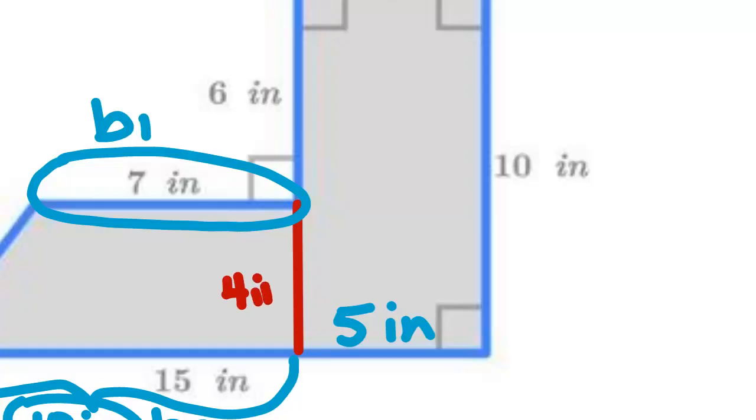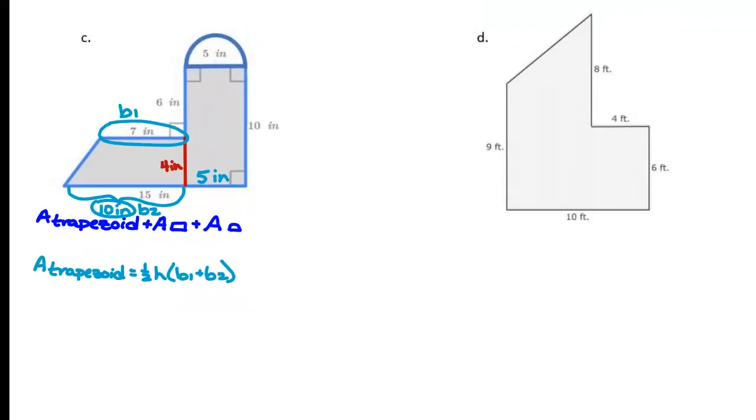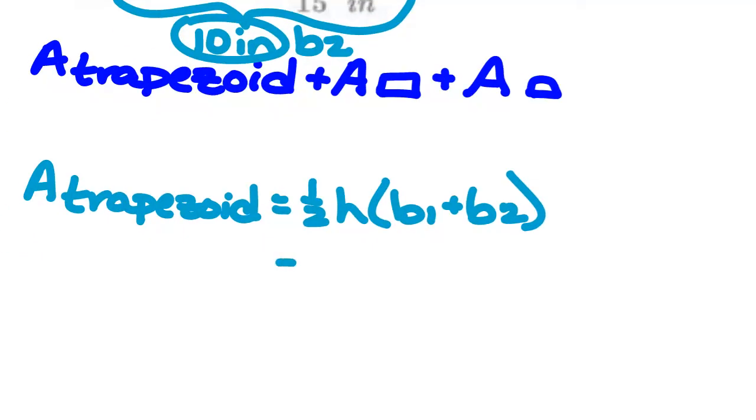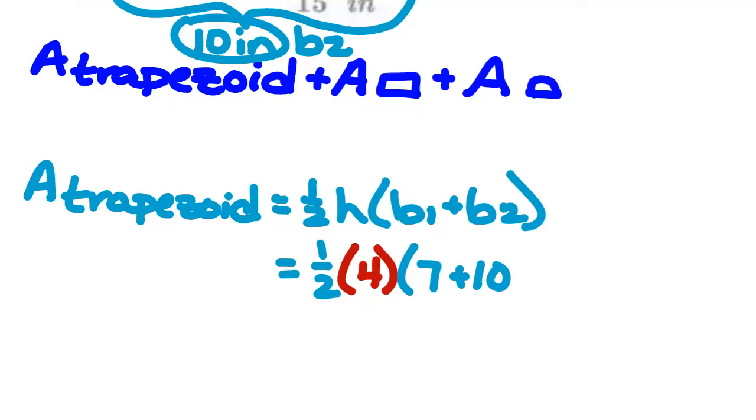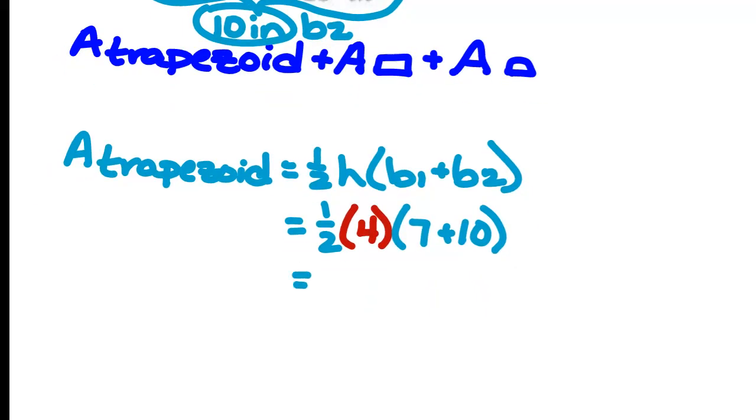So this is 4 inches. All right, that's everything I need to find the area of my trapezoid. 1/2 times 4 times base 1, which is 7, plus base 2, which is 10. What is the area of our trapezoid?